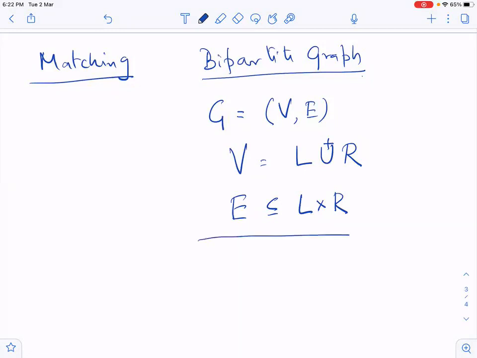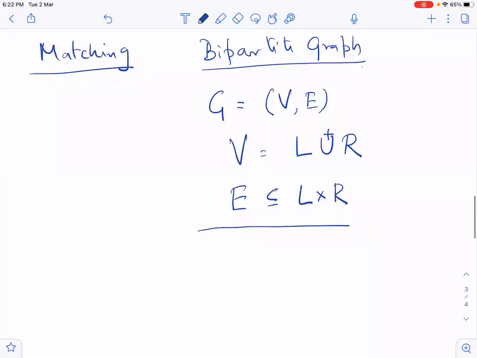Do you have some other property of a bipartite graph? Maybe I can ask somebody else. Monideep, are you there? Yes, sir. Do you know of any other property of bipartite graphs? So it doesn't have a cycle. I mean, not an odd-length cycle. Very good.